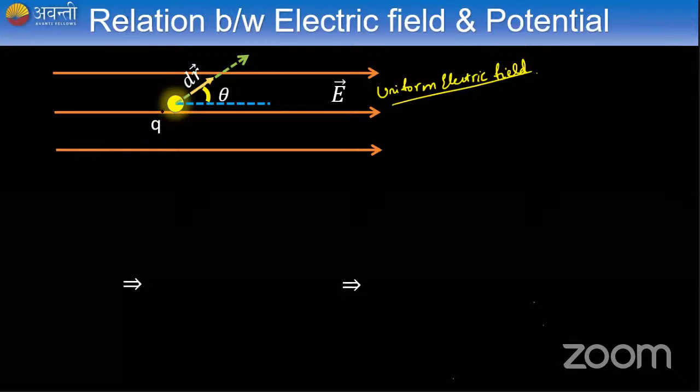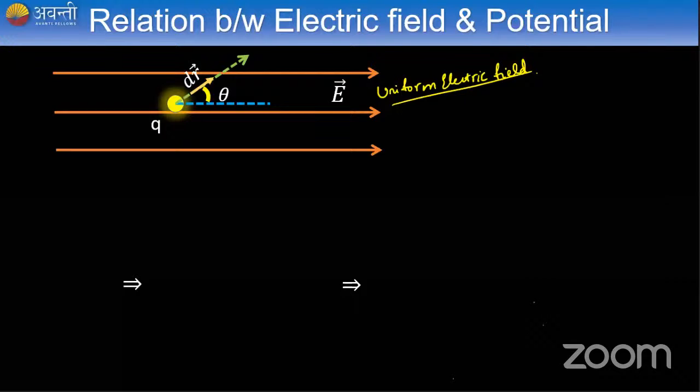Now guys, if there is no external force acting on q, in which direction will my q go? Along E, or perpendicular to E, or parallel to E in the opposite direction, or in the same direction as E?